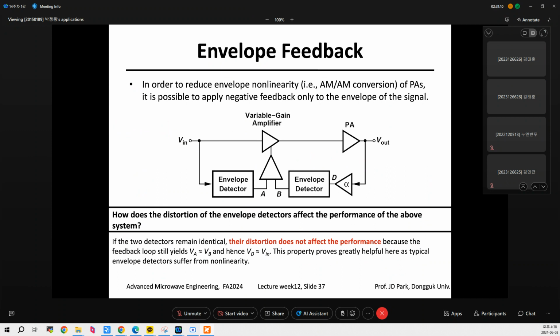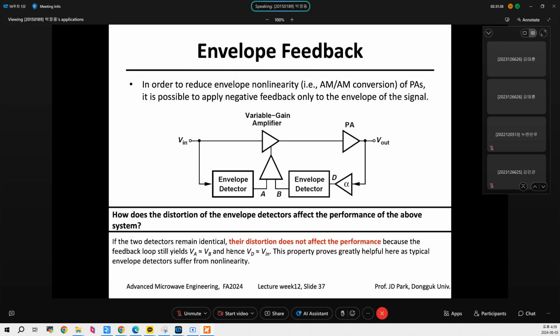This is another one, which is envelope feedback, to reduce the envelope nonlinearity. Let's say there happens an AM to AM conversion. We can correct it by using this envelope feedback. So here is the way. There are two envelope detectors.